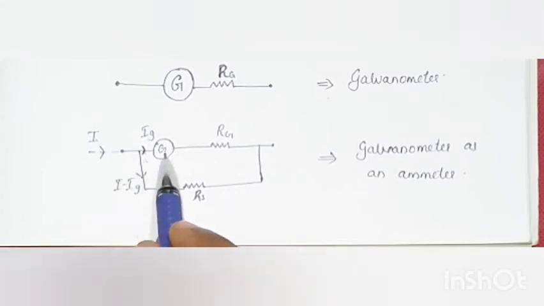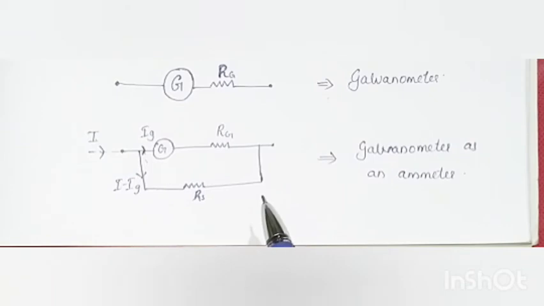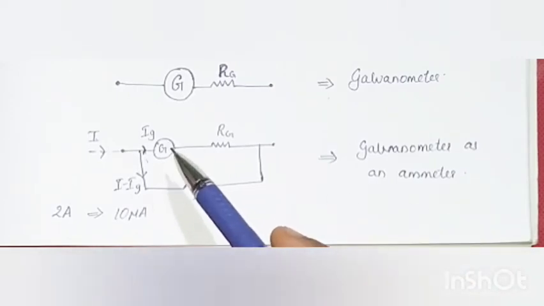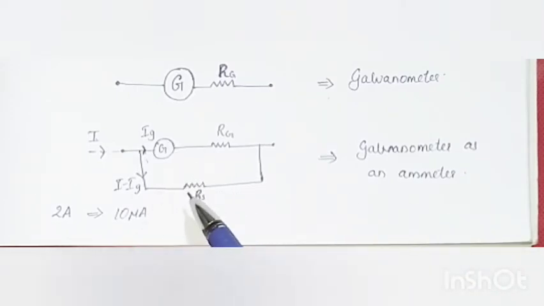Even for high current we will get a deflection in the galvanometer, but definitely the scale will be different. That is, we know that the current that a galvanometer can accommodate is a very small current, of the microampere range. So if a current of 2 ampere is passed here, then the galvanometer might show a deflection of 10 microampere, which would be the maximum deflection that this galvanometer can show. But the scale of the arrangement will be obtained based on the shunt resistance that we have used.